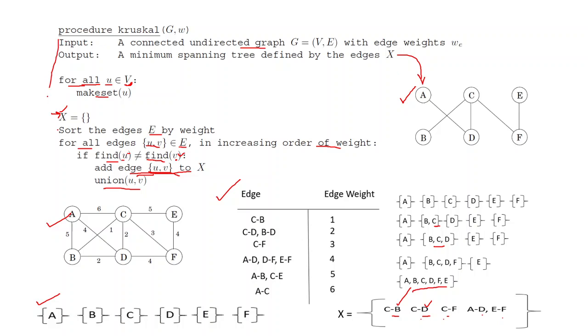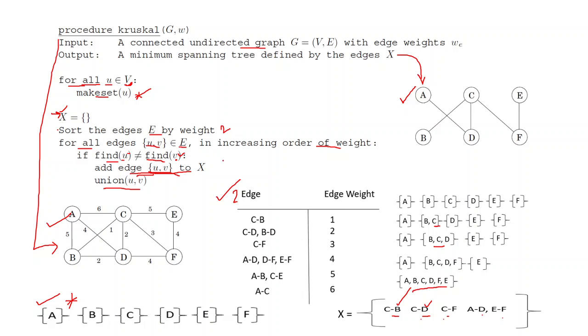So this is your input, this is your output, this is your make set. This is your sorting, step number 2.